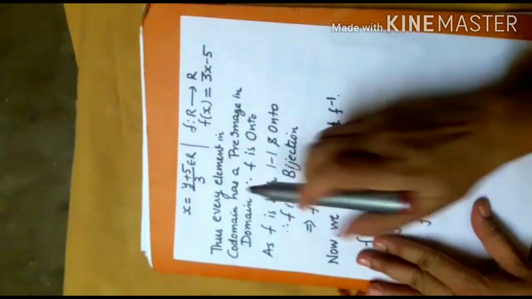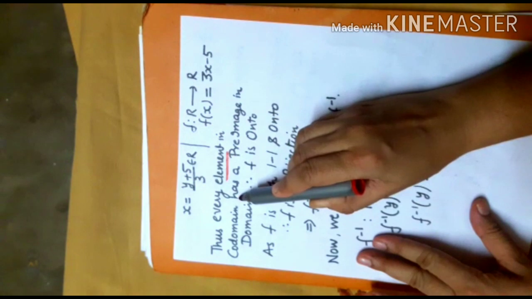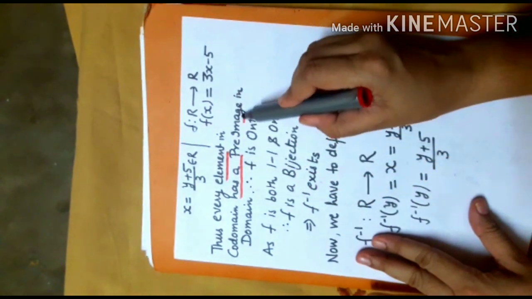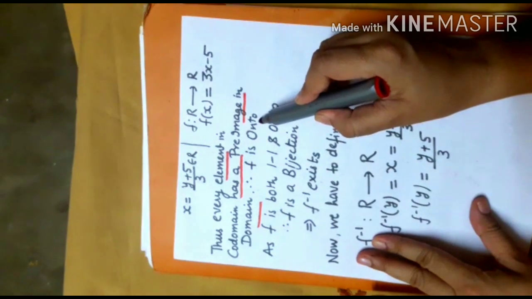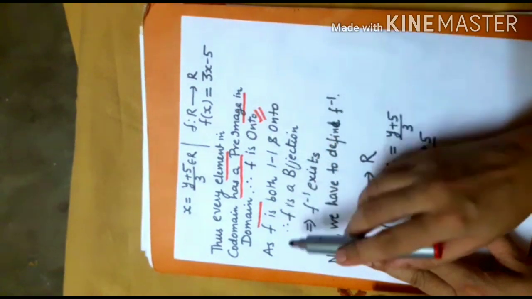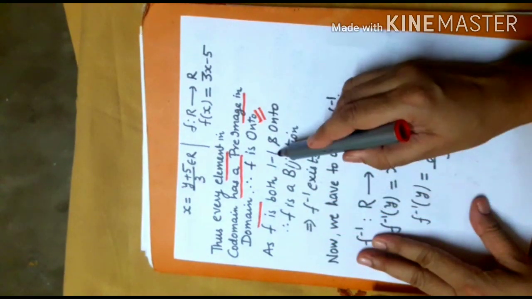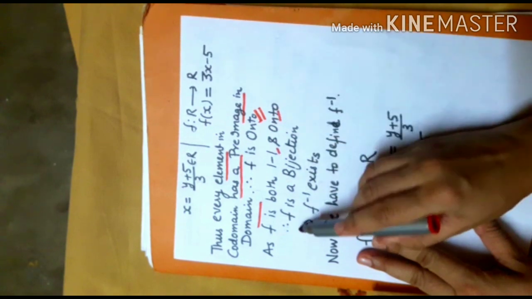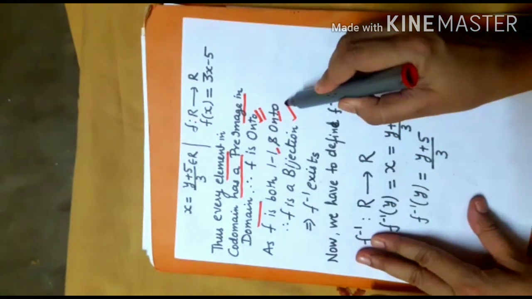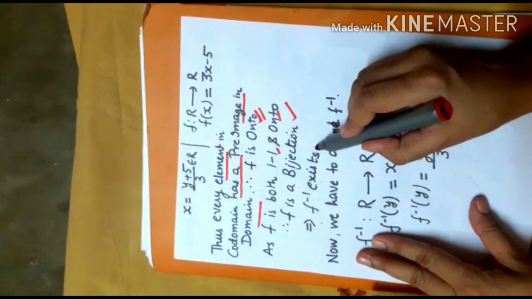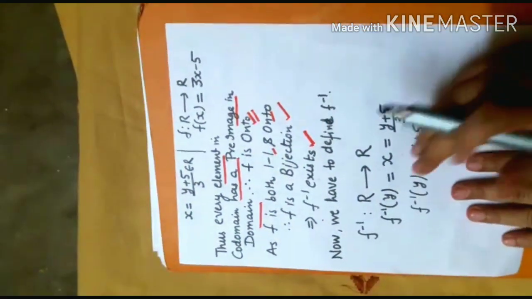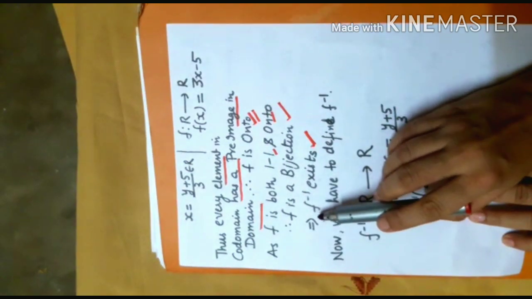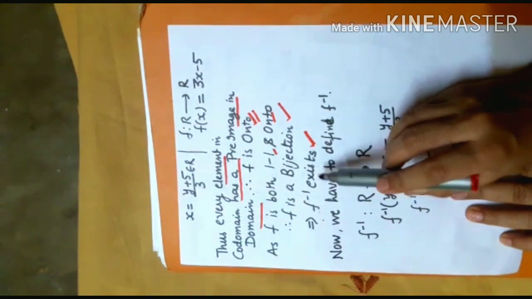So we have seen that every element in the codomain has a pre-image in the domain. Therefore, the function is onto. Now, as f is both one-to-one and onto, f is a bijection, and this implies f inverse exists. Thus, we have shown that f inverse exists.